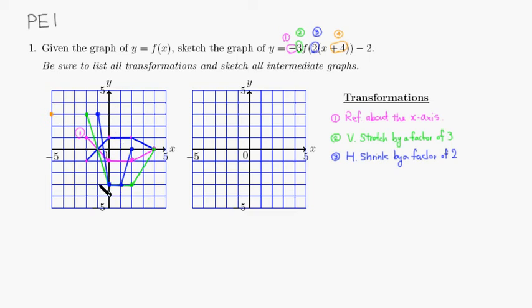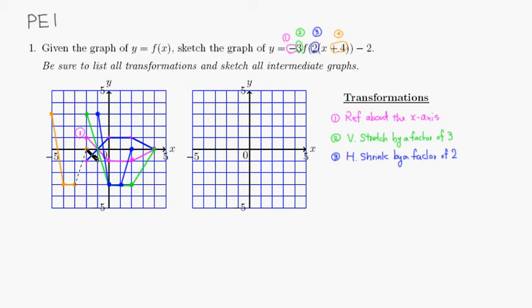This point moves 1, 2, 3, 4, so it moves there. This point, 1, 2, 3, 4, it's moved there. And this one, 1, 2, 3, 4, moves there. Then we just connect them all together.